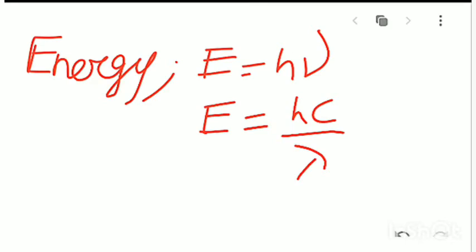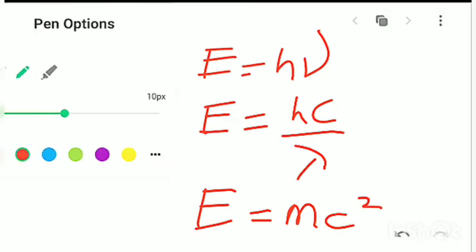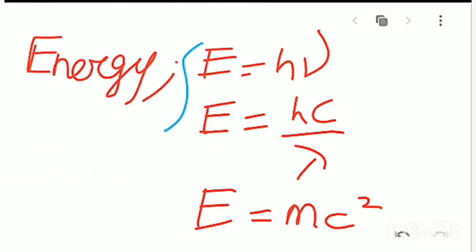These two formulas are very important for the energy, and along with that, in this chapter we will also use Einstein's equation between mass and energy, that is E equals mc square. So these three formulas are very important for energy.